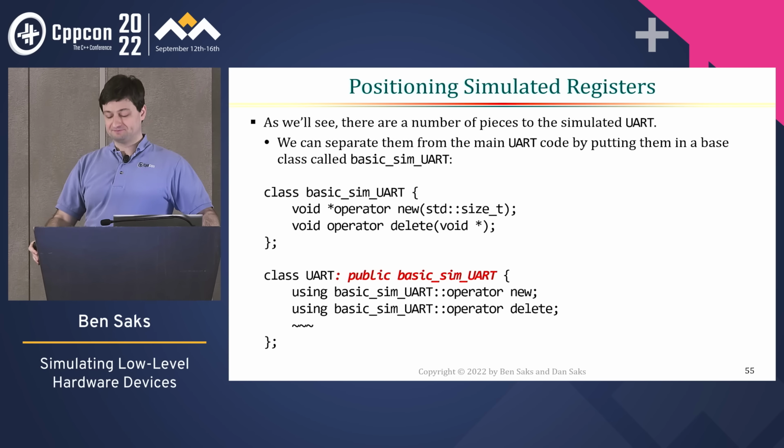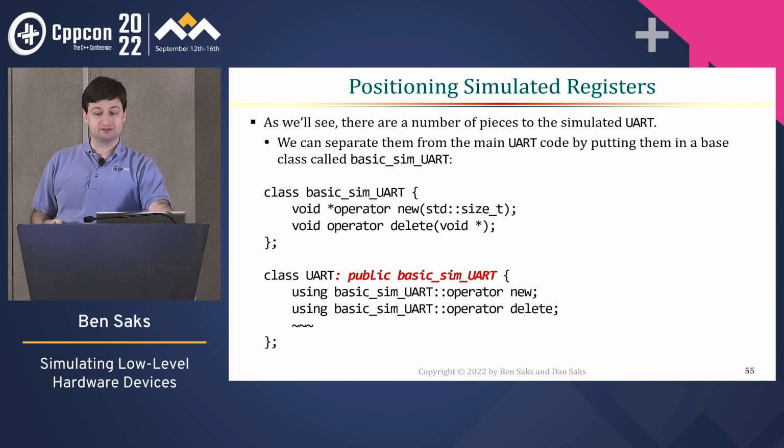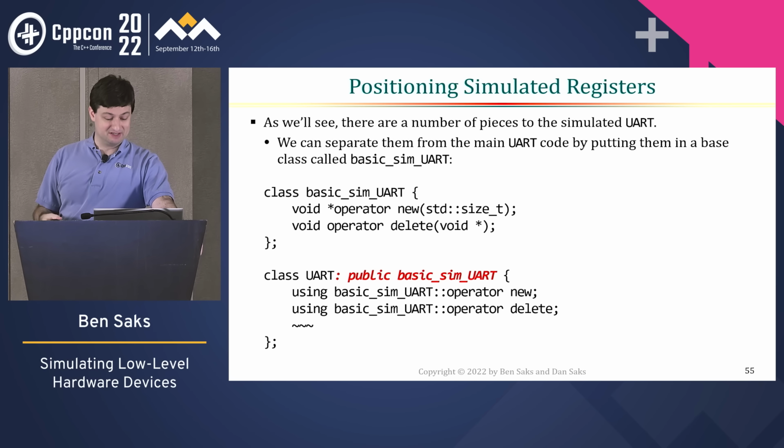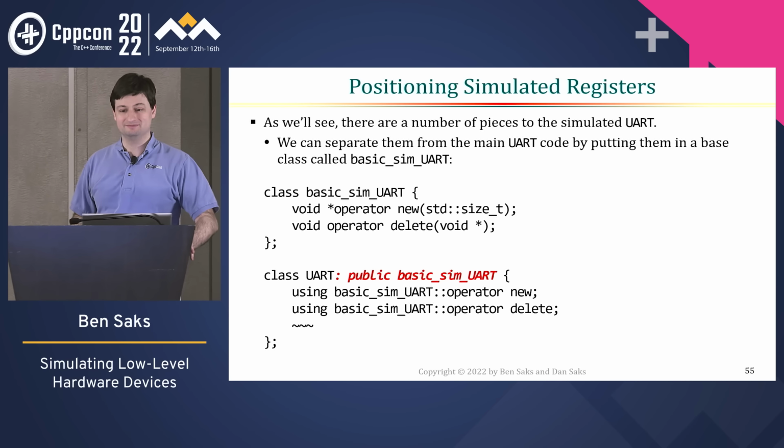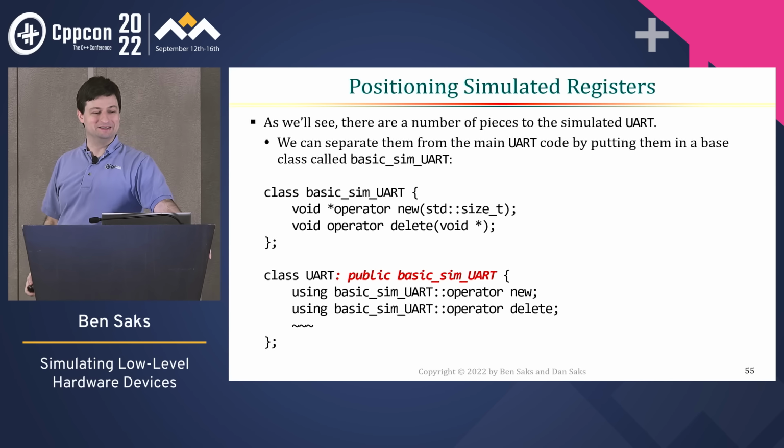And I put the operator new and delete functions that are specific to the simulator in there. And then my main UART class inherits from the simulated UART, and takes those functions, makes them available as public members here. Realizing I'm missing the keyword public there. I'll make sure that that's fixed in the slides that get posted.